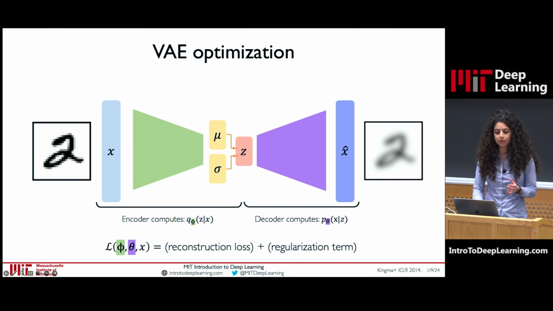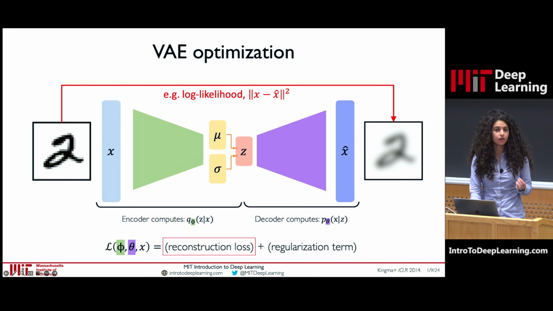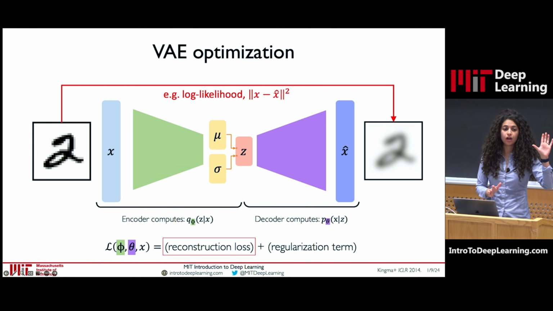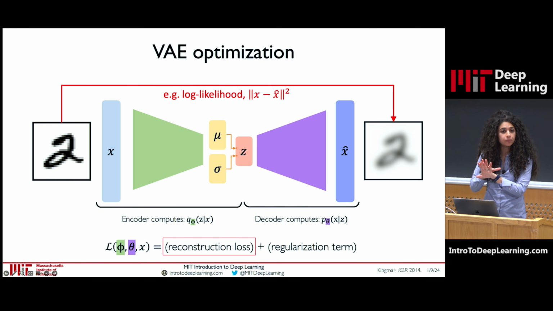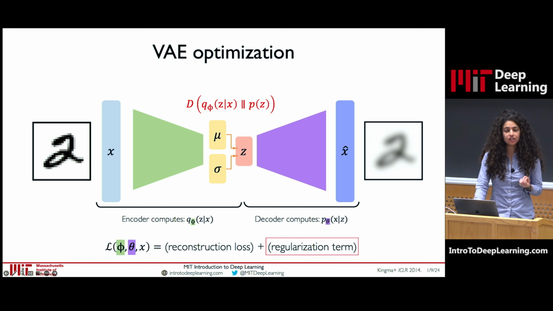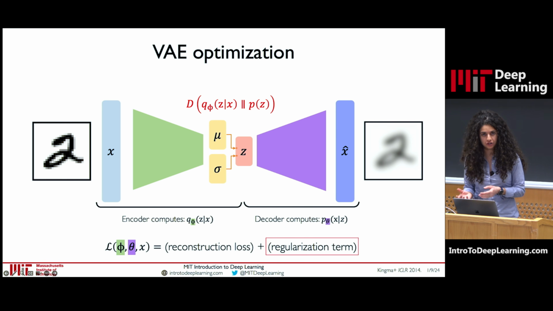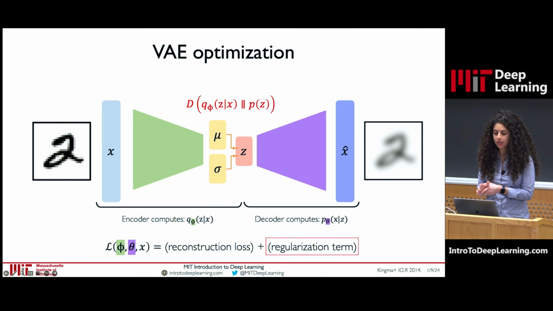So first, let's remember that we're trying to optimize our loss with respect to the weights phi and the weights theta. The first component is that reconstruction. With an image, we can look at our input data X, the reconstruction X hat, directly compare them pixel-wise, and compute this reconstruction error. Now, we have to introduce another term that gets a little bit more interesting, what we call this regularization term.